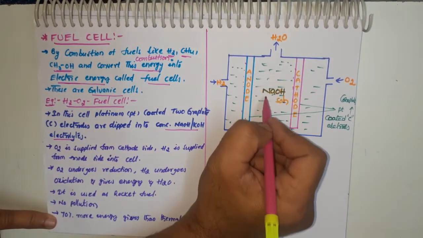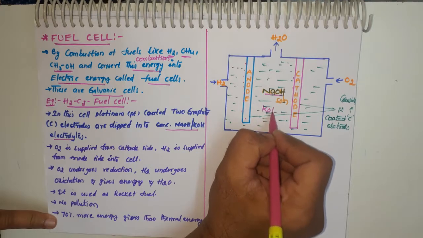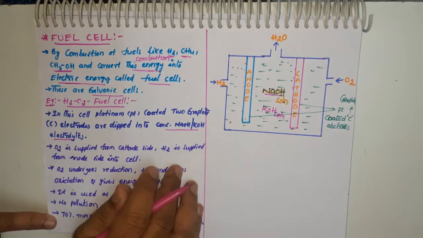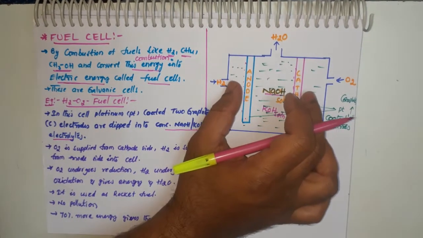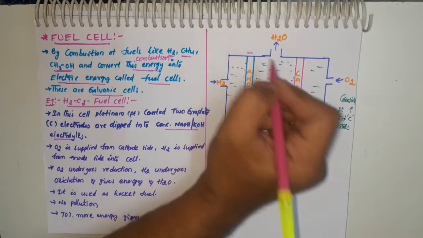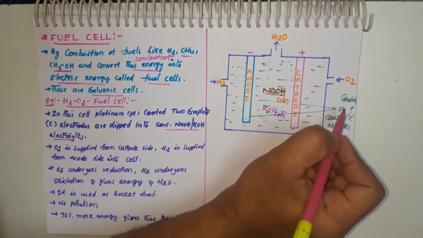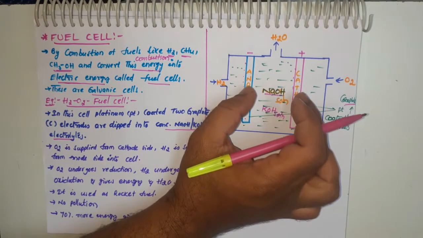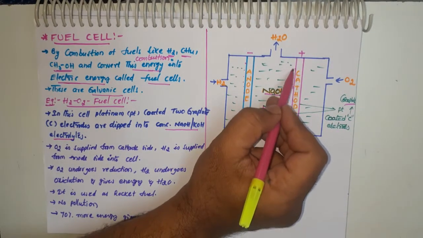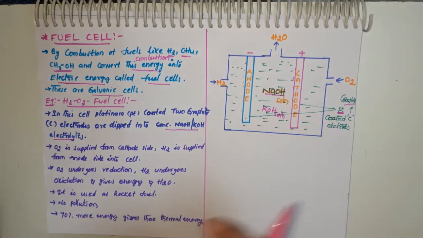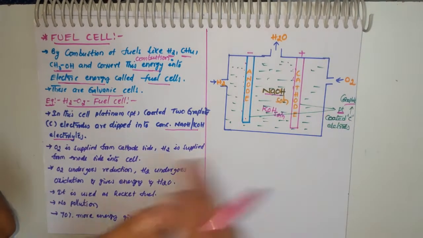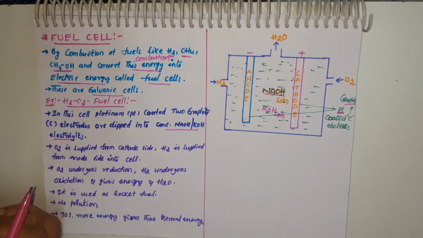In this, two electrodes are dipped, that is anode and cathode. These electrodes are graphite coated with finely divided platinum. Here platinum is used as a catalyst.